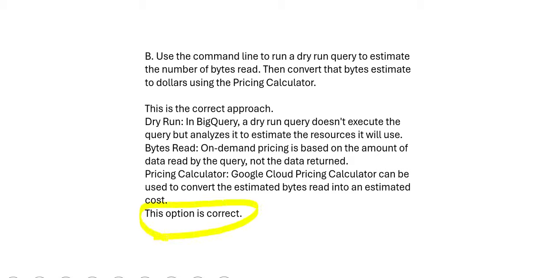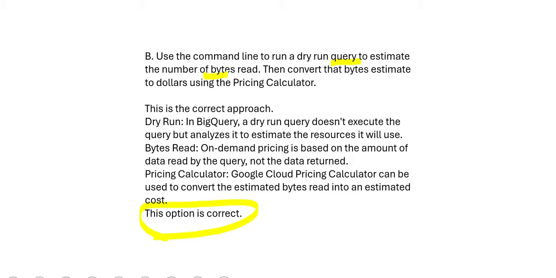Why? See, here they are using a command line to dry run the query. So dry run means it will not actually execute. It will just simulate like it is executing. Okay. So once you dry run, you will read the number of bytes.